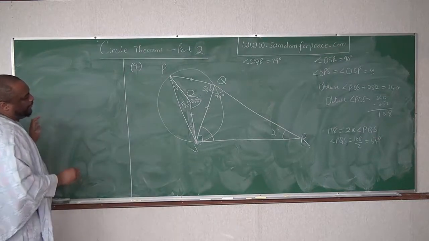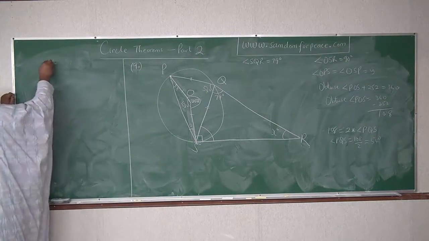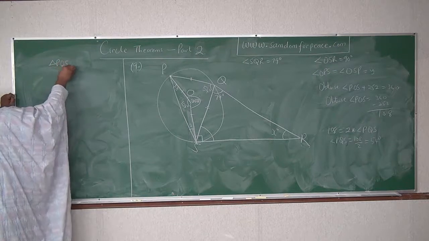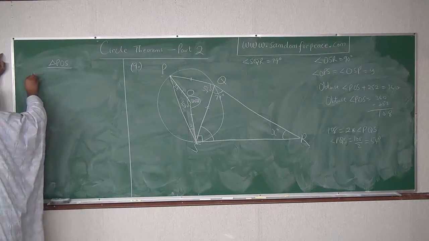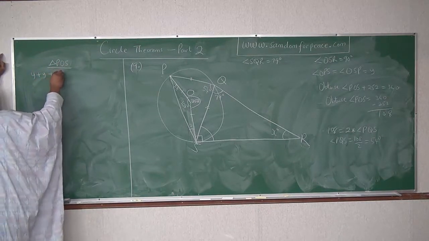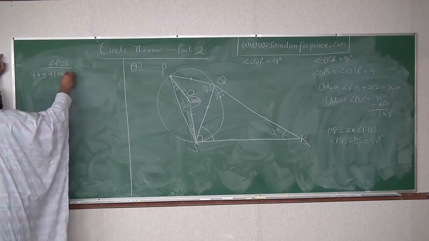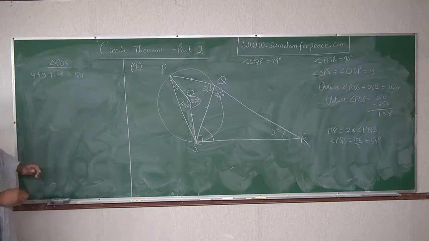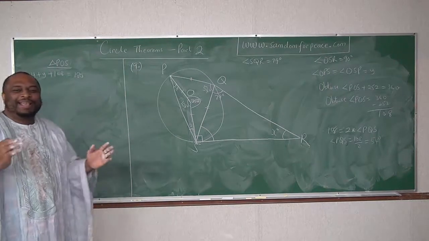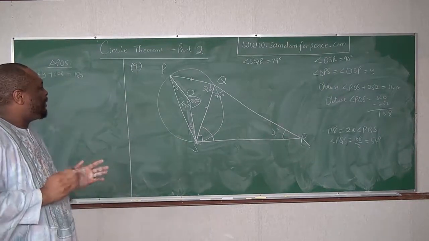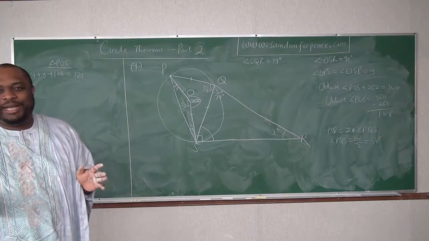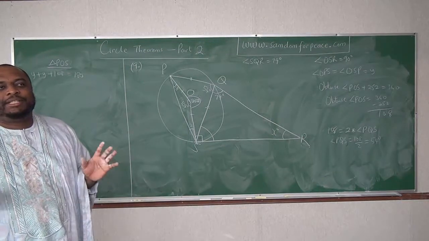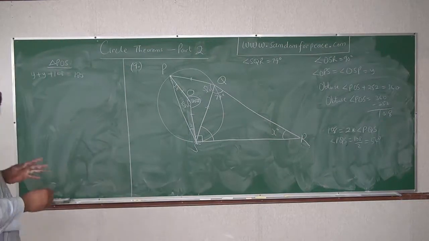Considering triangle POS, y plus y plus 108 is 180. Reason: sum of angles of a triangle.